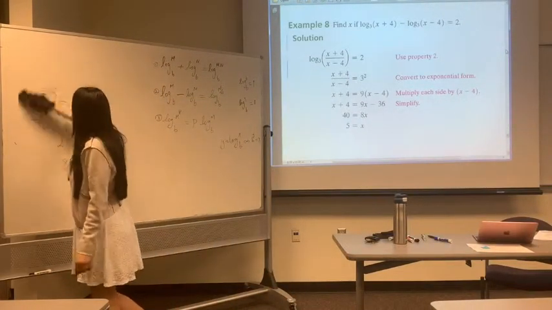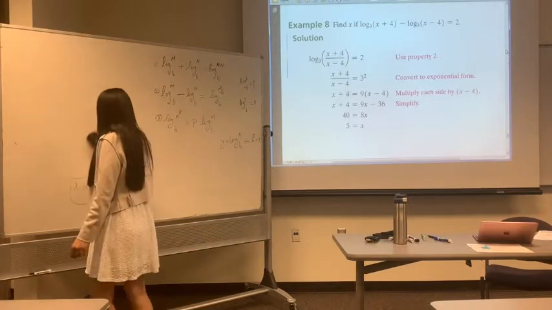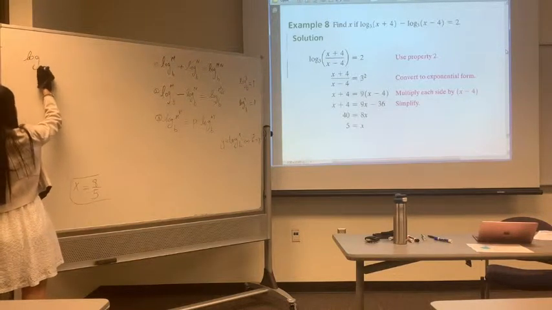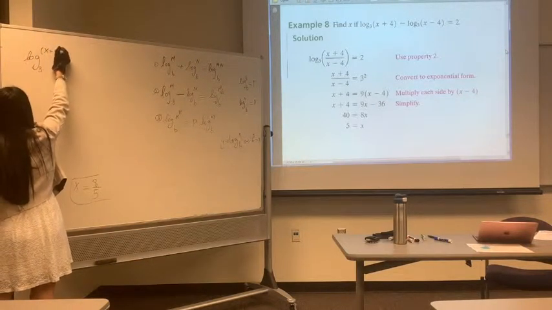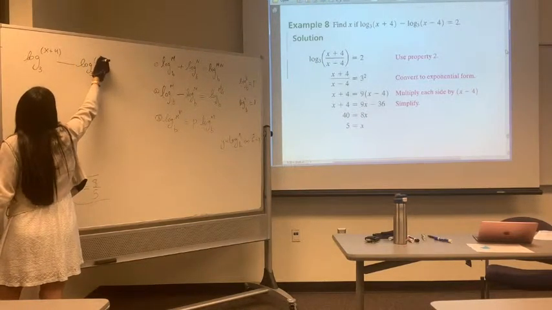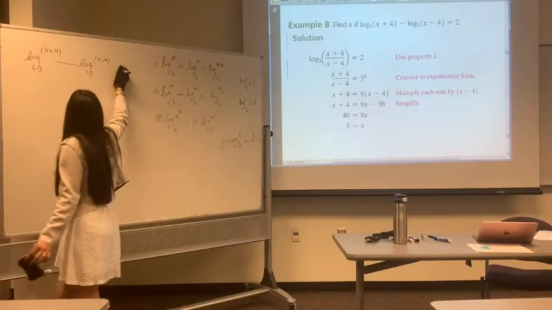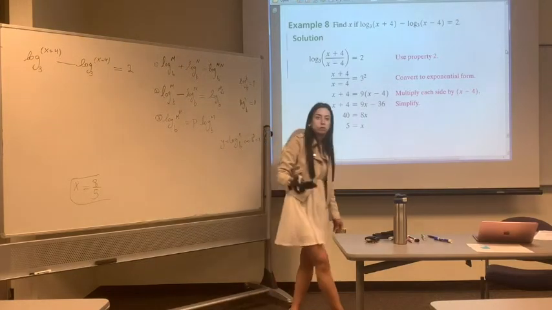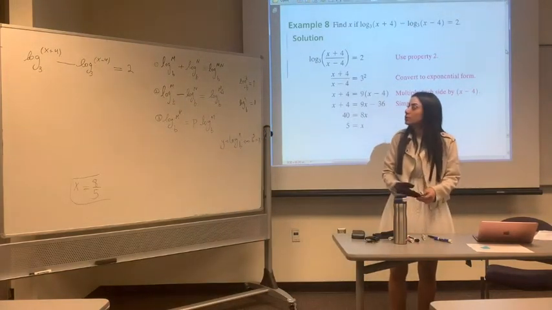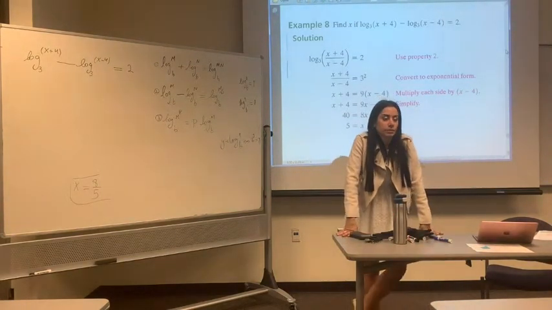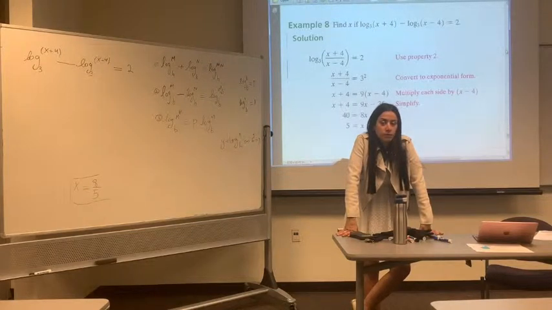So the other example says we have log base 3, argument is x plus 4, minus log base 3, argument is x minus 4, and then this one is equal to 2. So with rule number 2, combine the left side of this equality.